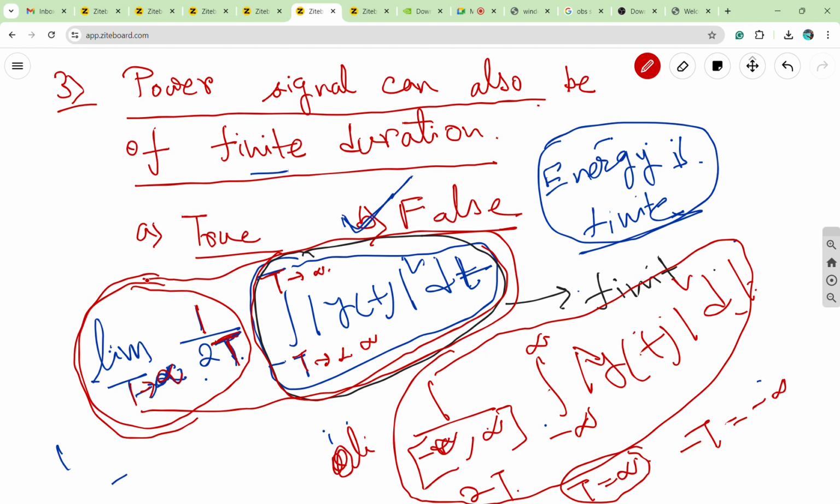Sir, we are putting the limit t tends to infinity because if the signal did not repeat from minus infinity to infinity, then there would be no finite power. That's why. No finite power in the sense? Can you repeat your statement once again? No, sir.